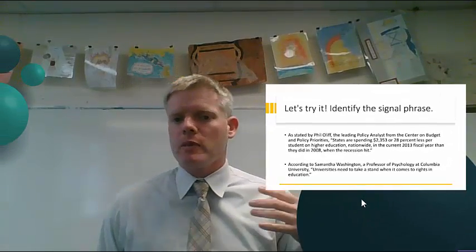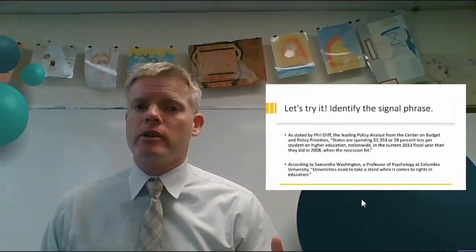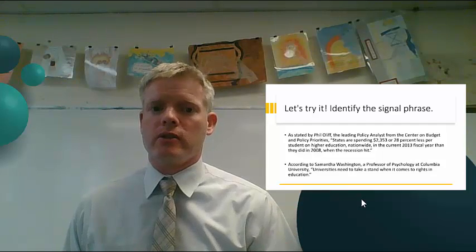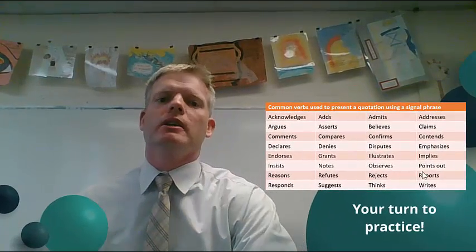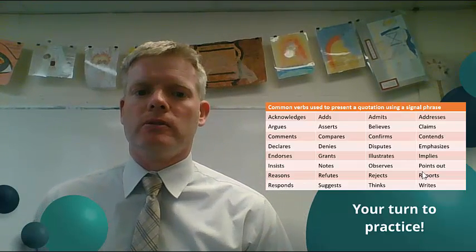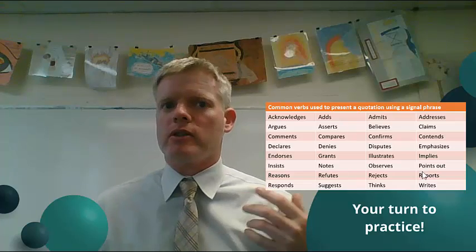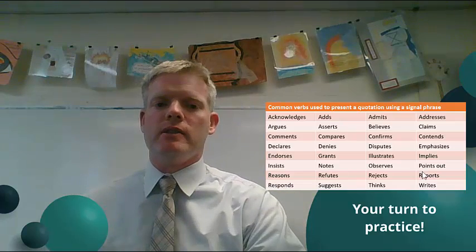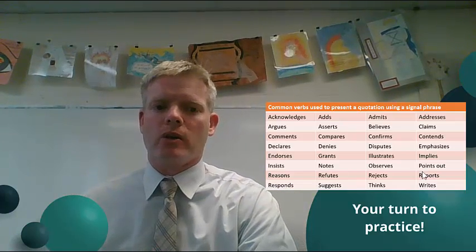Right. So when we write, we're always going to try to use signal phrases. And we'll have this shared as a document later, and I'll have it posted in class when we meet in the classroom. But whenever we're introducing a quote, it is helpful to know that there's a list of verbs that's really easy to use to introduce that quote.